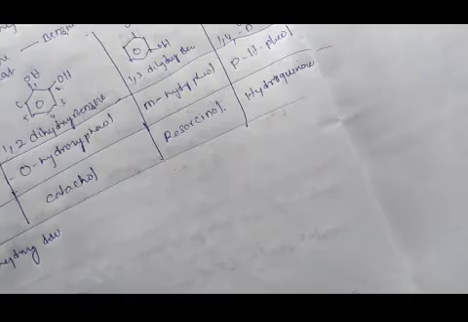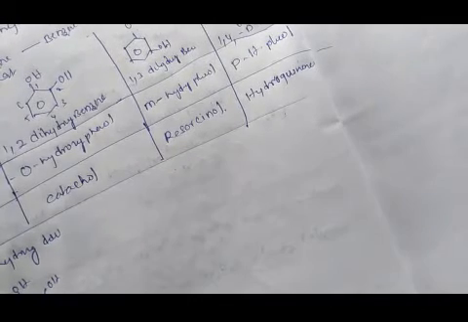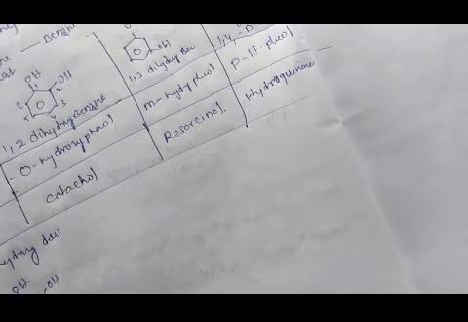Trihydroxy derivatives. Here the first derivative has OH here. According to the IUPAC, it is called 1,2,3-trihydroxybenzene.